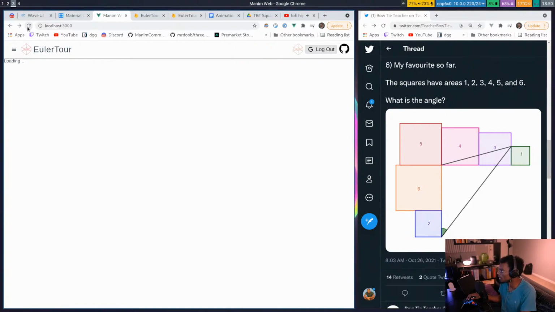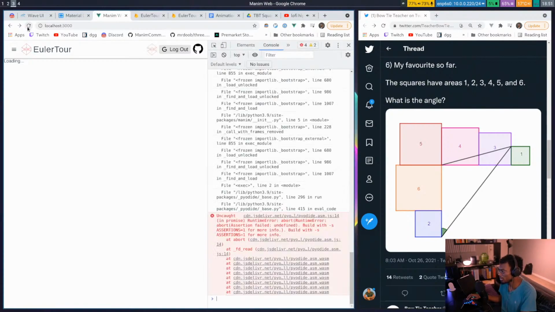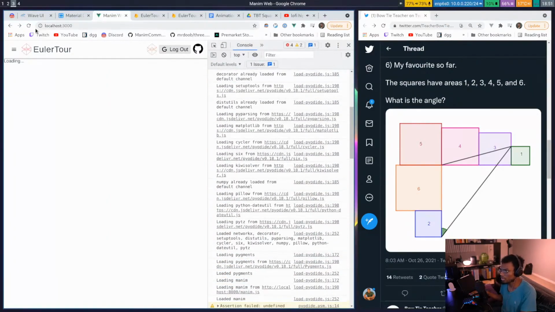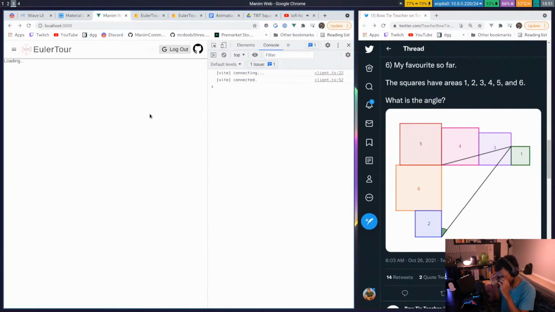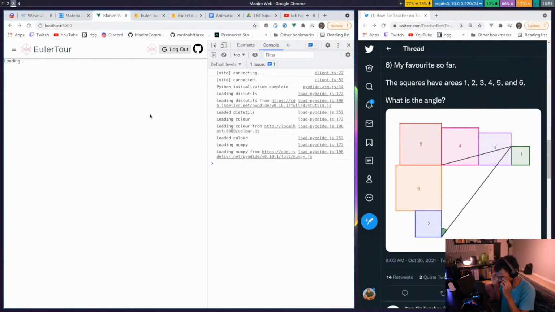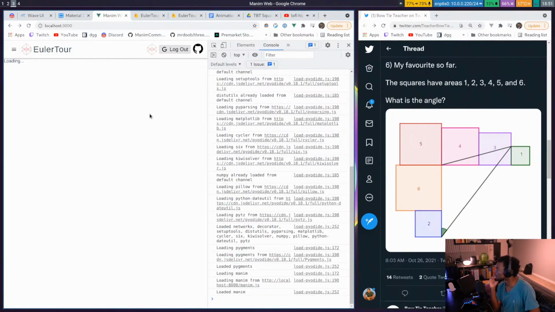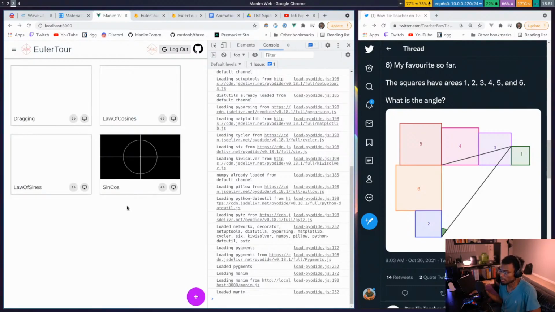It's always hard to tell with these small changes. Oh, this. Pretty sure this is a transient error. Okay.